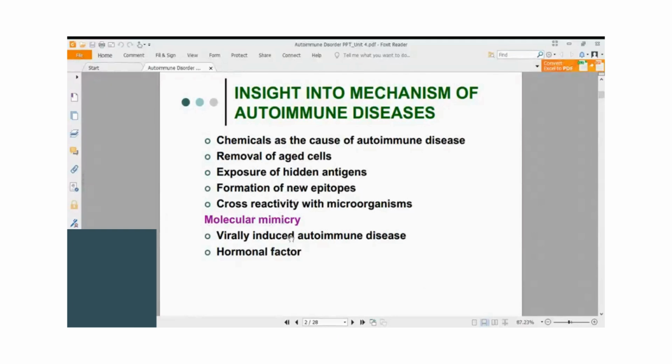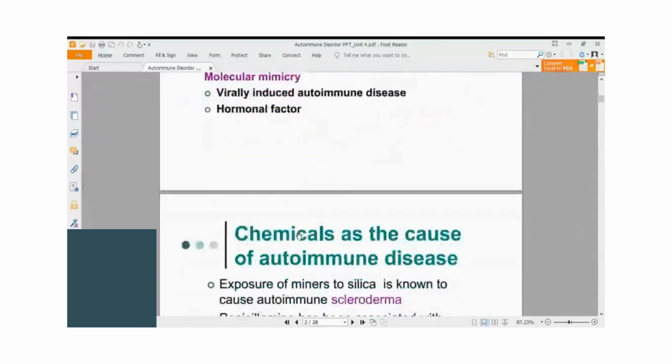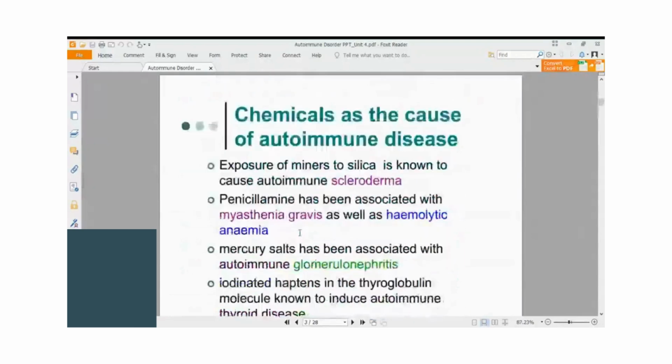Similarly, viruses also can induce molecular mimicry, and sometimes the hormonal imbalance in a person during aging may also initiate autoimmunity. One by one, let us see how autoimmunity can be initiated where there is no hereditary predisposition, but the person may suffer.